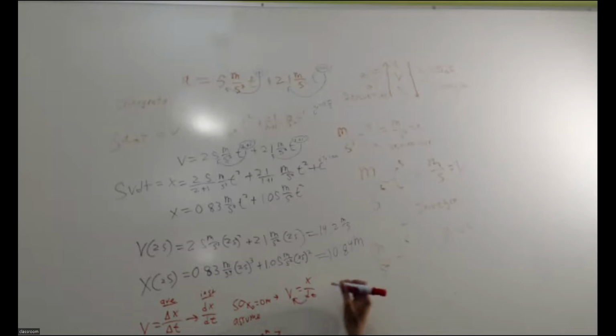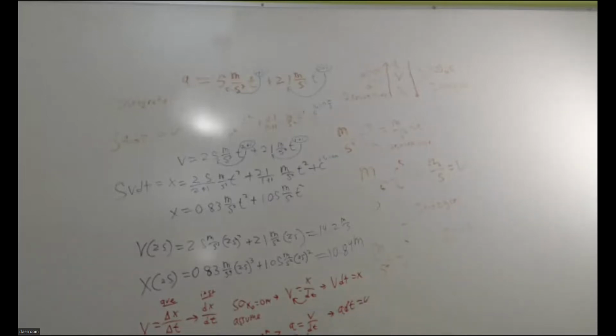So v dt is equal to x. And then you get v over dt, multiply it over, a dt equals v.